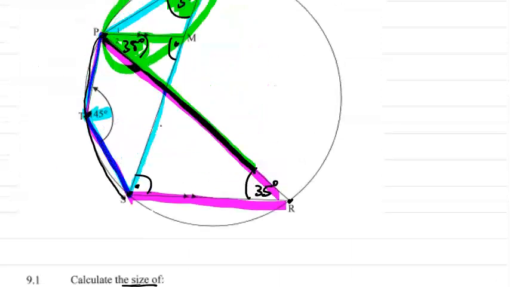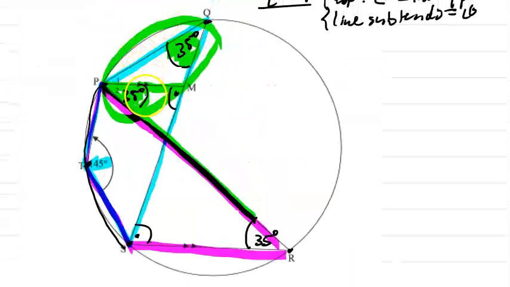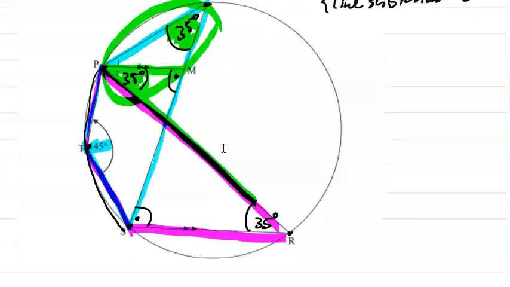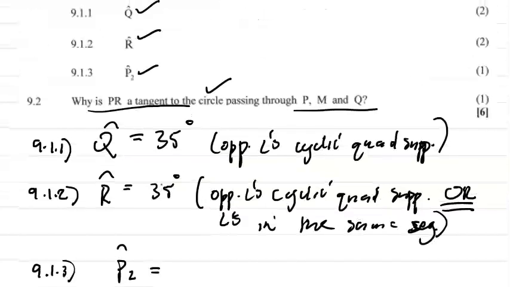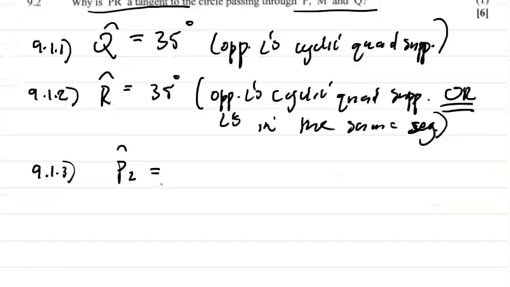9.1.3, P2. So for P2, now that we have that angle, we can say P2 equals 35 degrees, alternate angles. So 9.1.3, P2 equals 35 degrees.